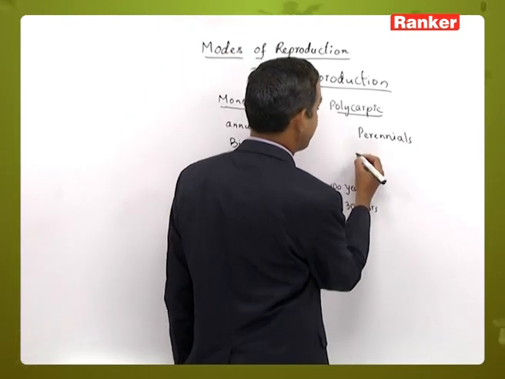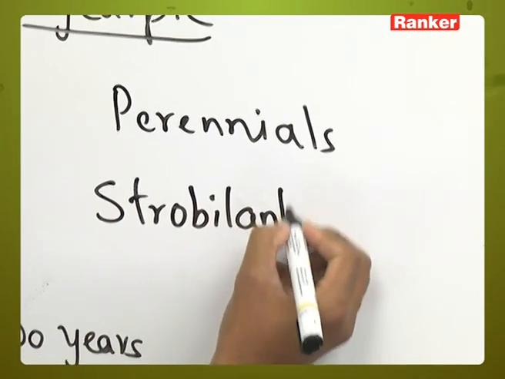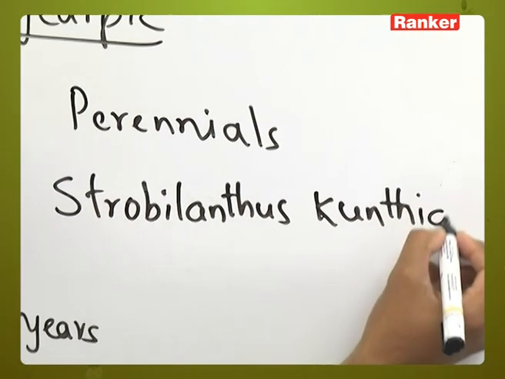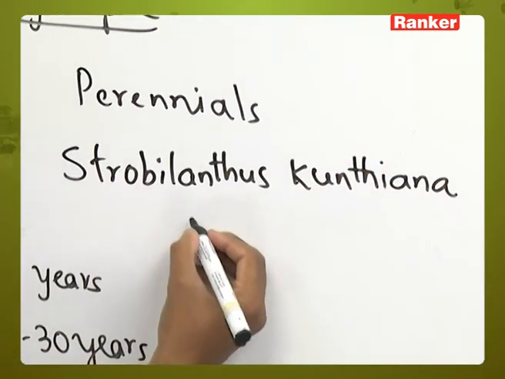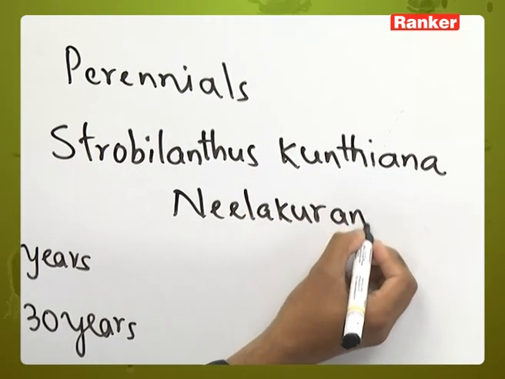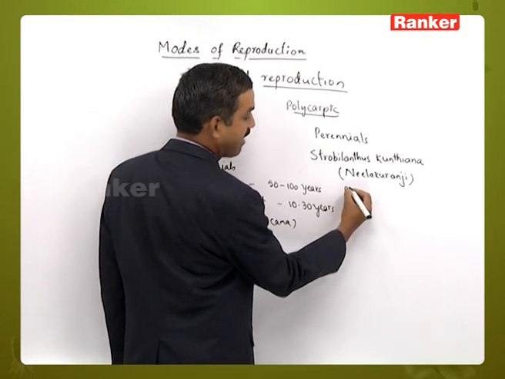And there is one plant called Strobilanthus kunthiana, commonly called Neela Kuranji. This plant will flower every 12 years.